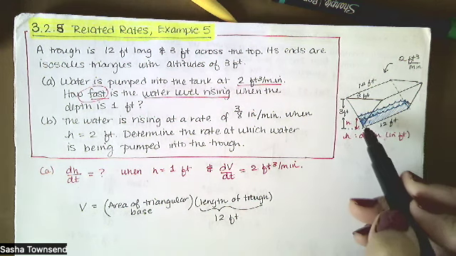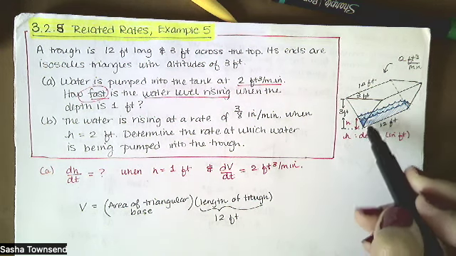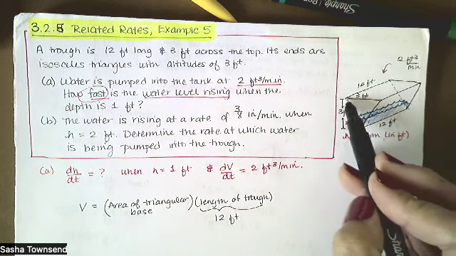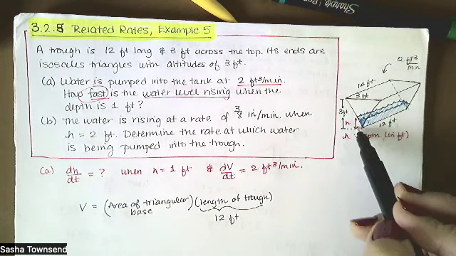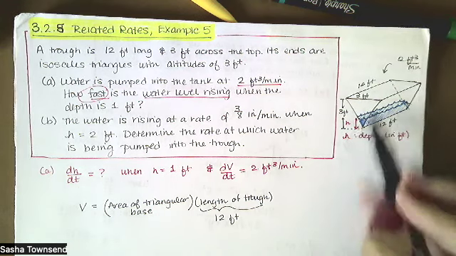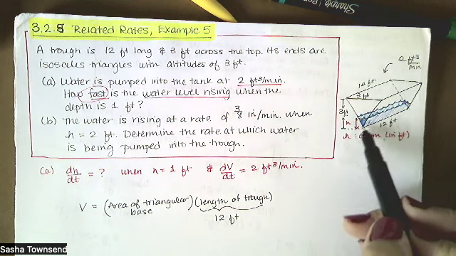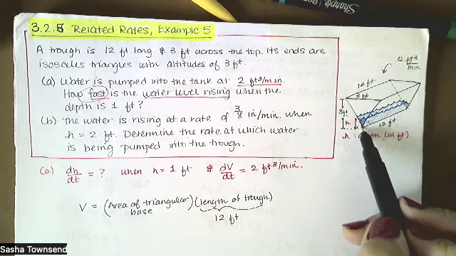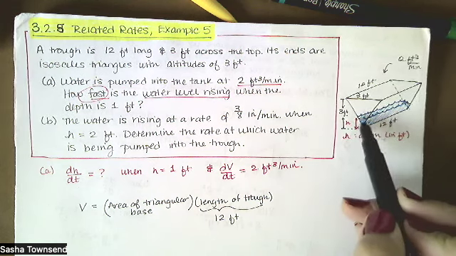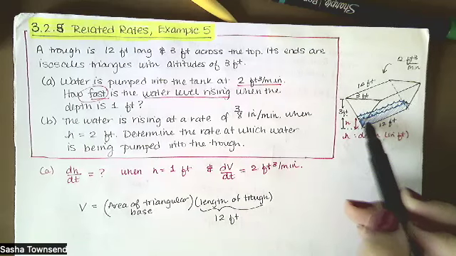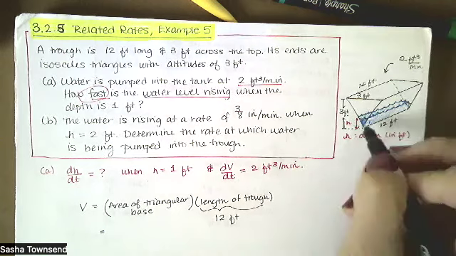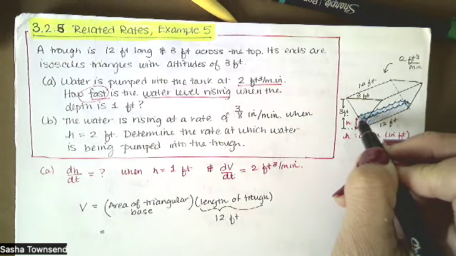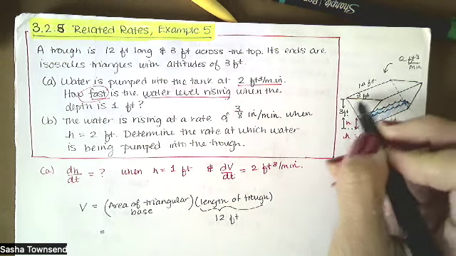Well, we can use similar triangles to infer what the area of this is. This is 3 feet across when this is 3 feet high. So the height and the base for this triangle are the same. They're both equal to 3. So if the depth of the water level is h, then we can assume that the base is also h. The area of a triangle is 1/2 base times height, so it's going to be 1/2 of this distance times this distance, but those distances are the same.